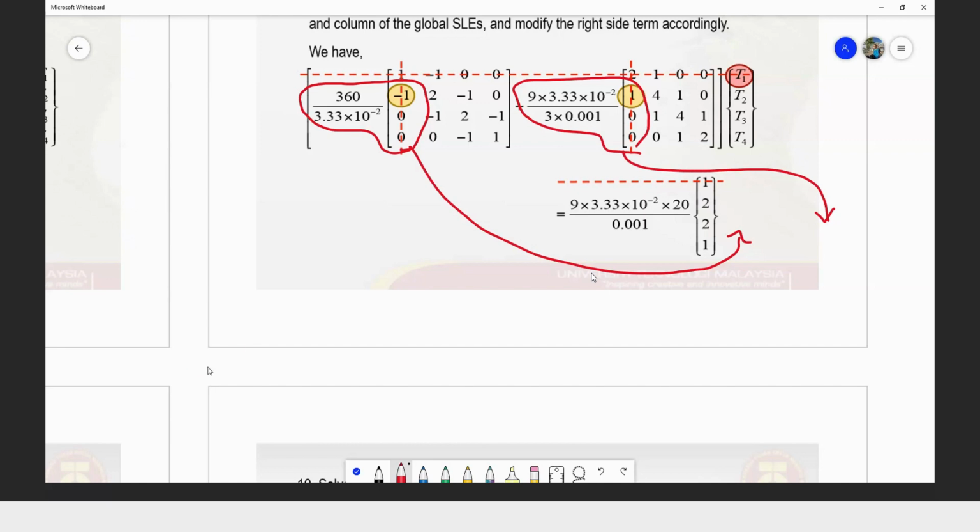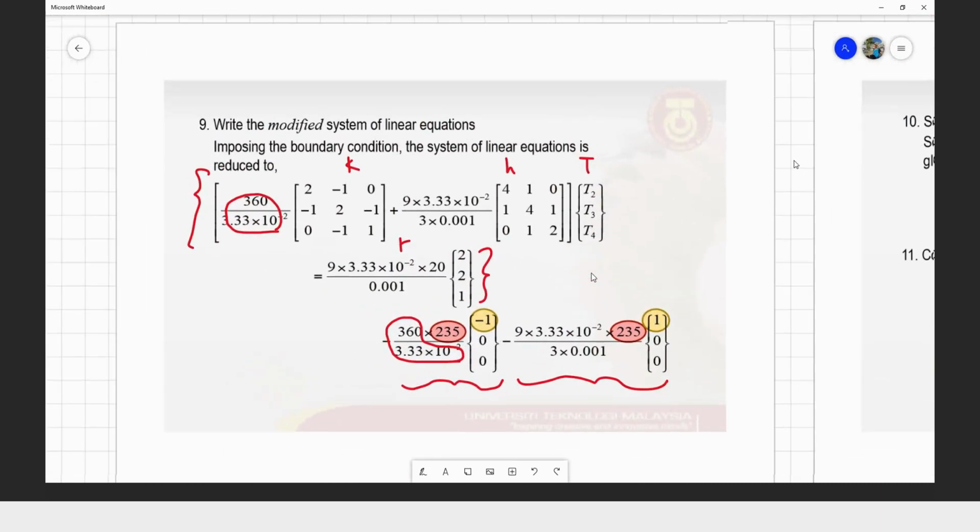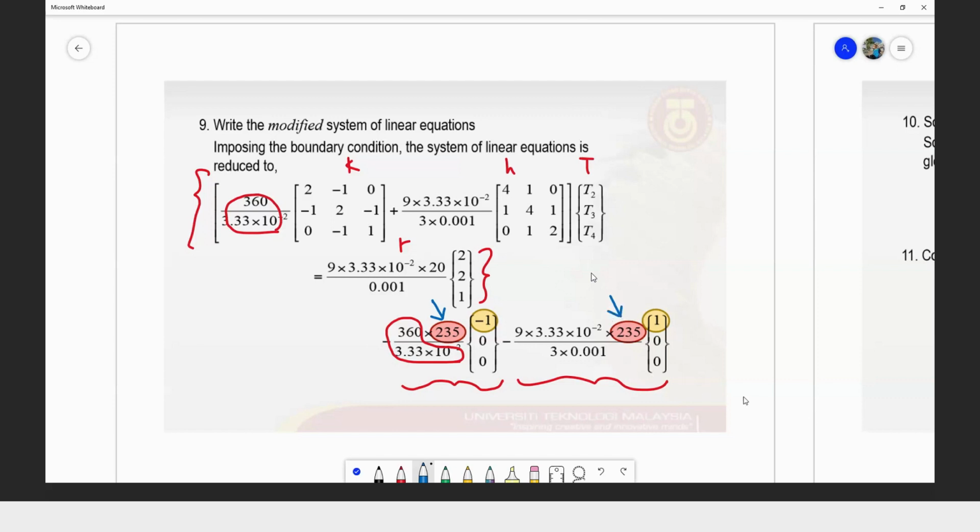Tapi as you can see, kita bukan bawa dia ke sana je, but we multiply those equation K and H tadi by the base temperature tadi tu. Alright. So when we bring it to the right hand side, you have to be careful. We deduct it from the right hand side equation, bukan kita tambahkan dia.